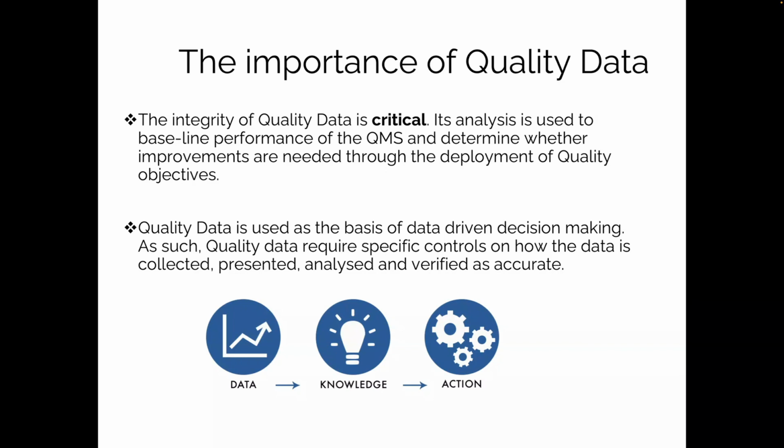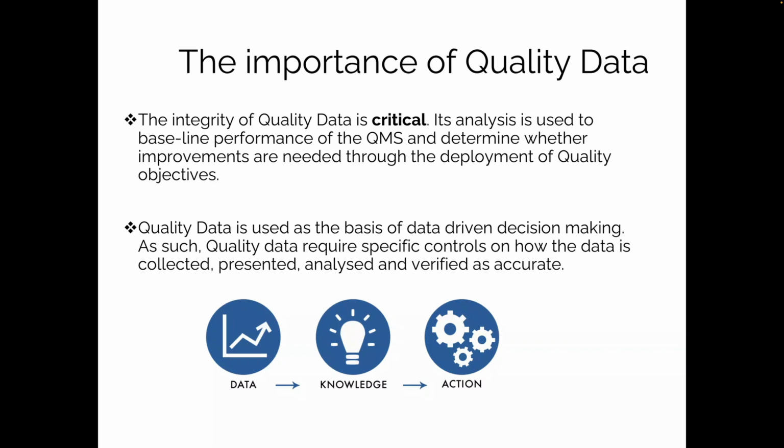It's used to baseline the performance of the QMS and decide whether you need to improve parts of it, as I said, by deploying those quality objectives. It is used for data-driven decision making, and there really need to be very specific controls on how the data is collected, presented, analysed, and verified.